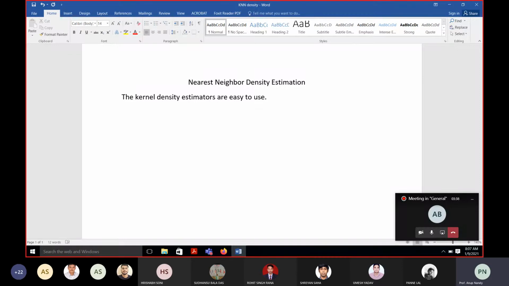If you have enough samples, then you will be in a position to estimate this kernel density. However, these estimation techniques are computationally expensive.